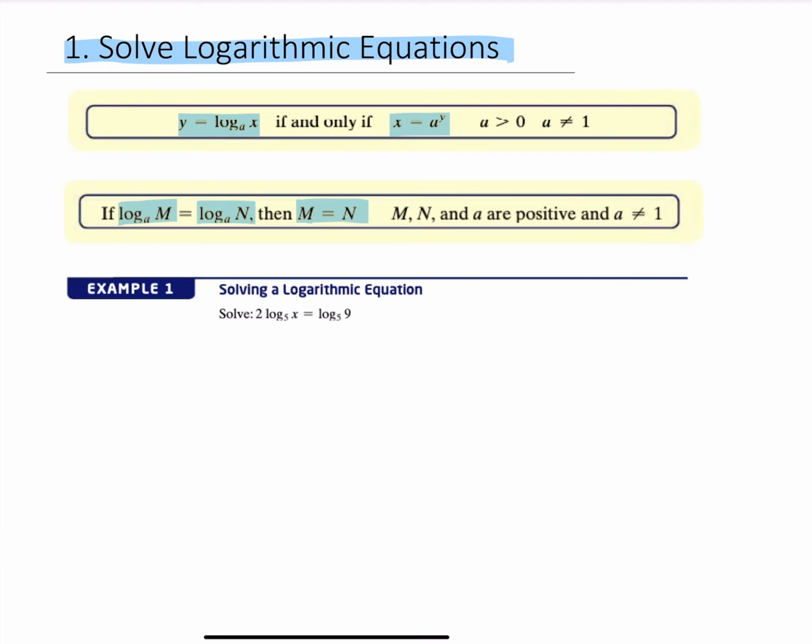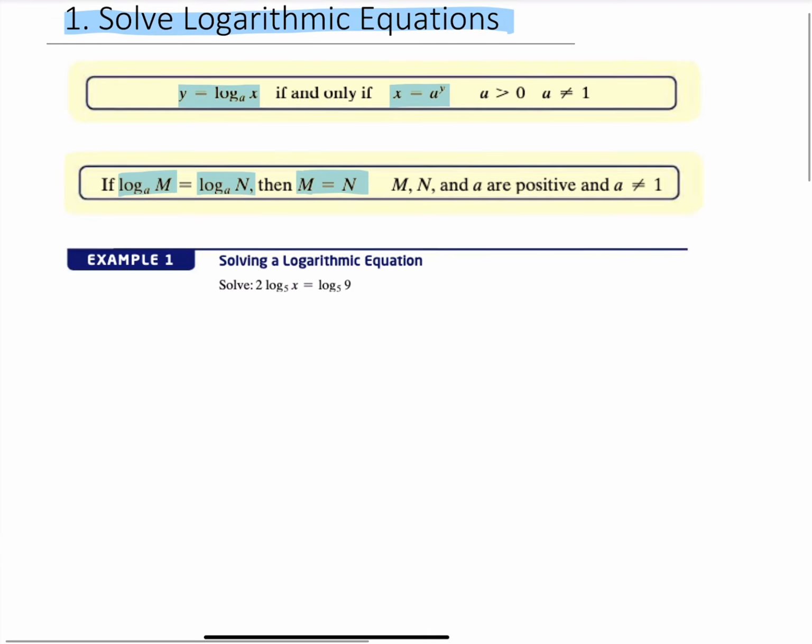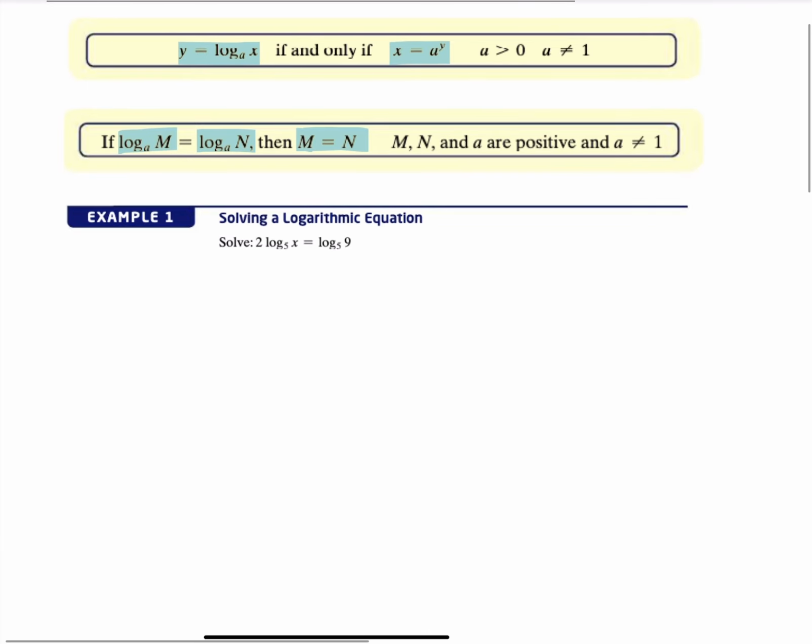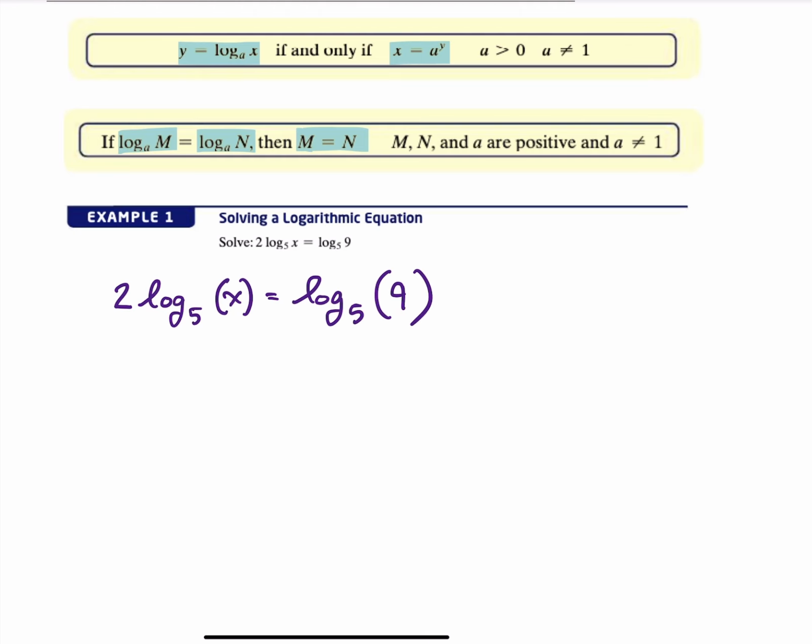Let's just jump into the first one. We're given 2 times the log base 5 of x equals log base 5 of 9. So what can we do? We're trying to solve for x. Well, we have a log base 5 on both sides.